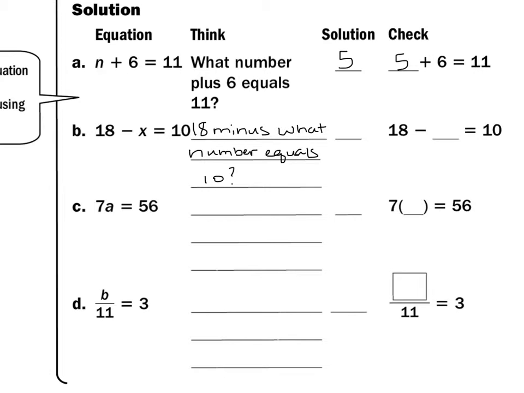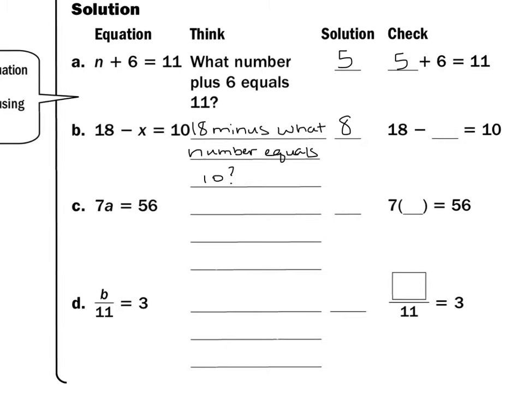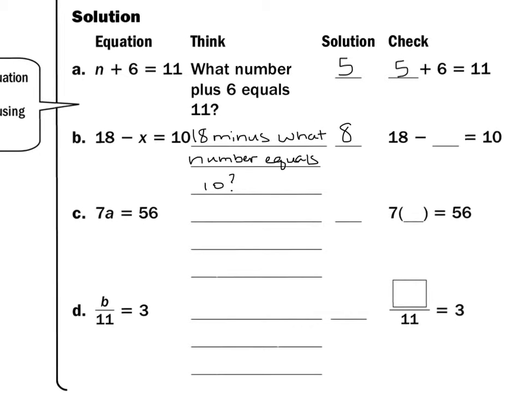Well, I know that 18 minus 8 is equal to 10. So I substitute the 8 in, and I check that out. 18 minus 8 is 10.